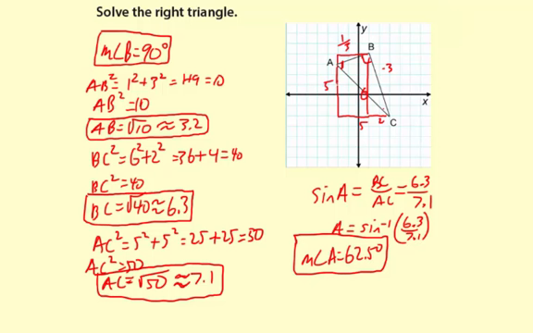Last angle to solve for is measure of angle C. And we already know the other two angle measures, so I can simply say measure of angle C is 90 degrees minus 62.5 degrees.